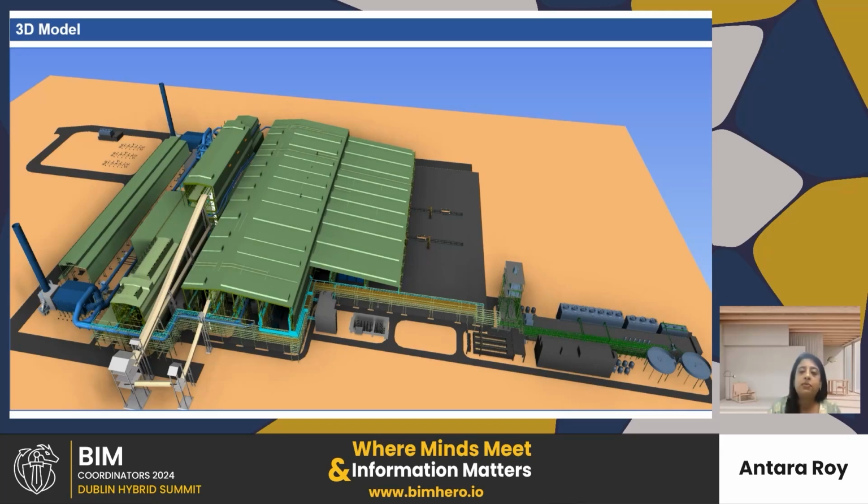So we created the 30% model first. Gradually the design is done, the general arrangement drawing is released from the 3D model, and the model is upgraded to the 60% model. Then all the fabrication, erection and equipment data is included inside the 3D model, and we created the 90% 3D model.